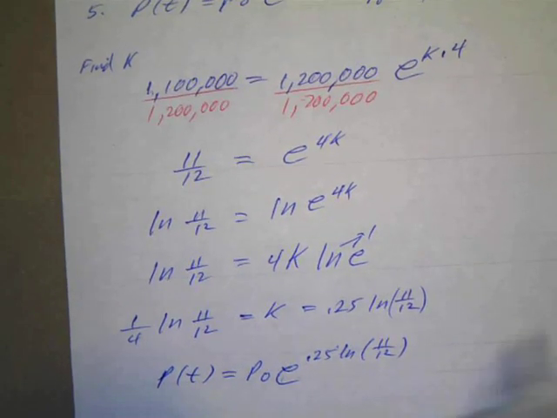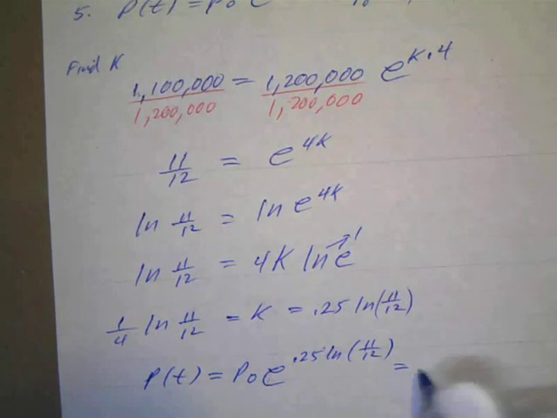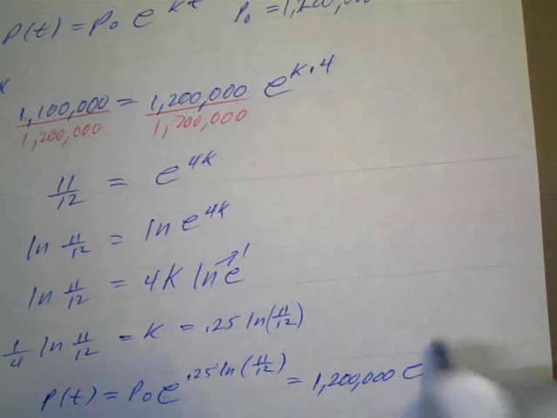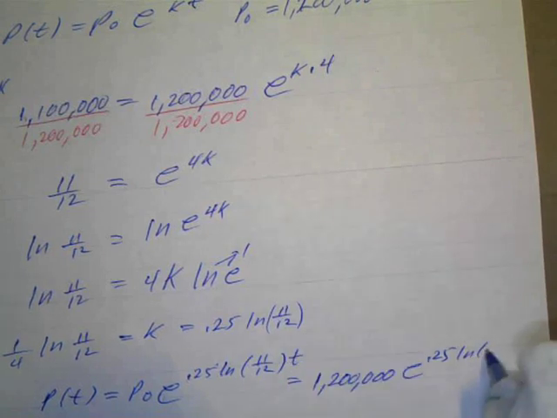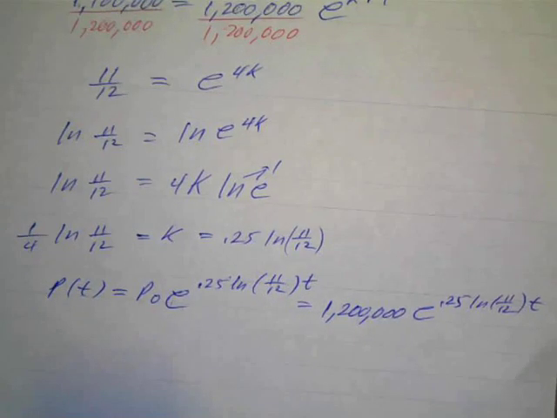Actually, my P sub 0 is given as my initial population, 1,200,000, so it's equal to 1,200,000 times e to this k, 0.25 times the natural log of 11 over 12, times t. I forgot my t. I got a little crooked there because I'm writing at an angle. Okay? So that's what you've got.